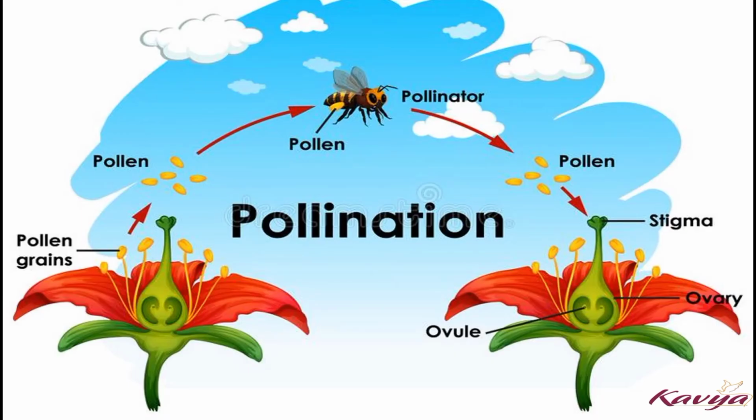This process is known as pollination. So the transfer of pollen grain to the stigma of the pistil is called pollination.